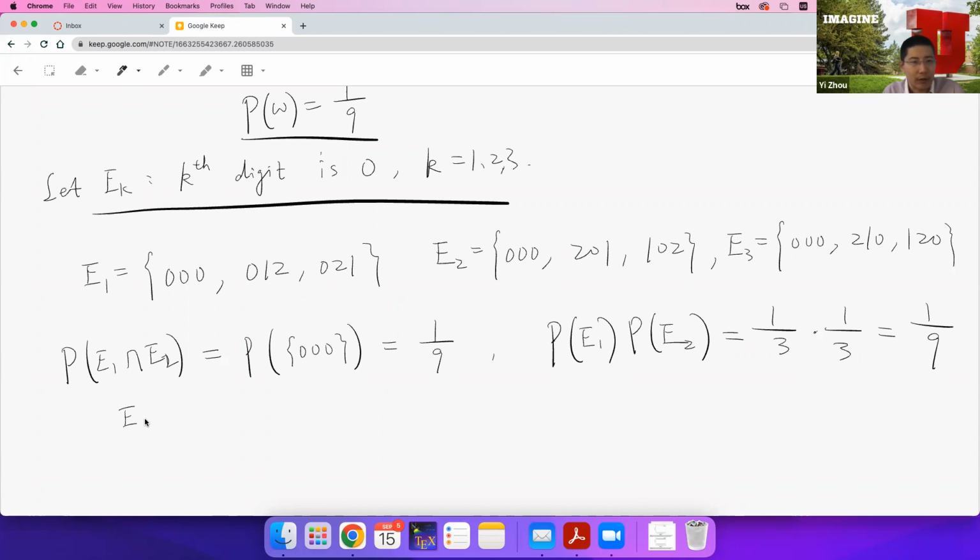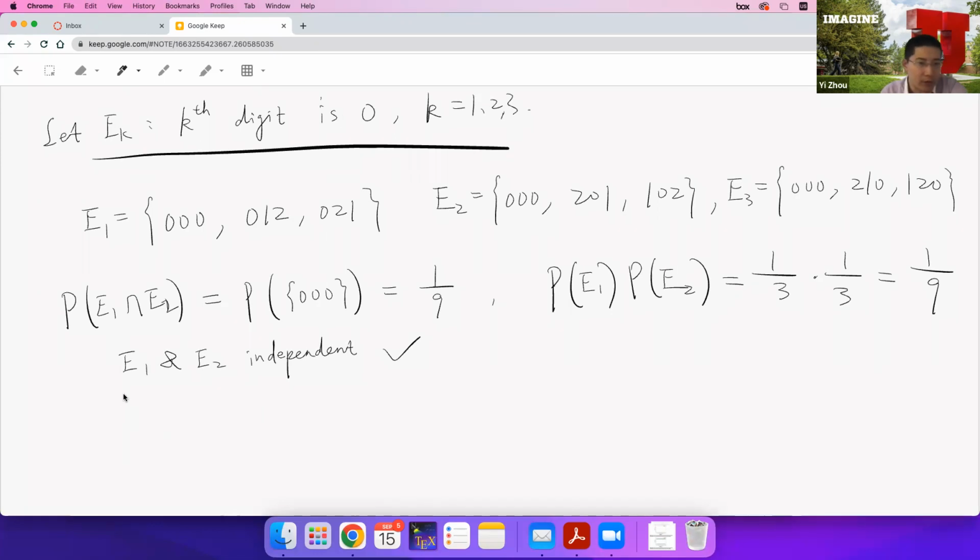So we can claim that E1 and E2 are independent. This one is checked. Similarly, you can verify that E2 and E3 are also independent, and E1 and E3 too. They are all pairwise independent. You can check that by yourself, following the same procedure.